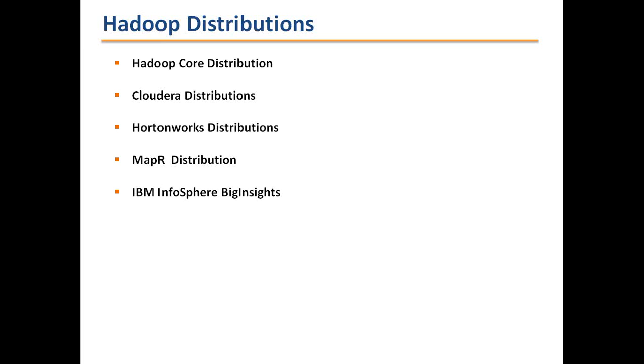If you are using an IBM product, in such companies we need to use BigInsights. And if you are using Microsoft Windows Azure, which is the cloud, then Microsoft provides HDInsight. And Pivotal is also one more distribution.